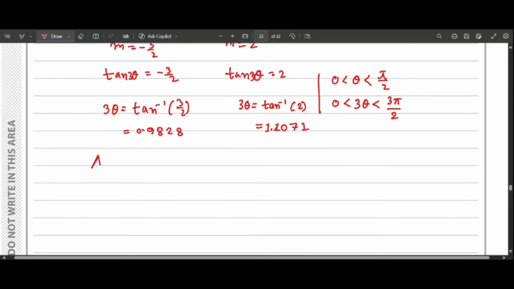Now we can write that as tan 3 theta for this part. As tan 3 theta is negative, the value of 3 theta must exist in the second quadrant only.